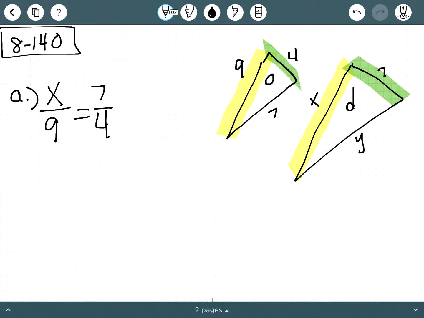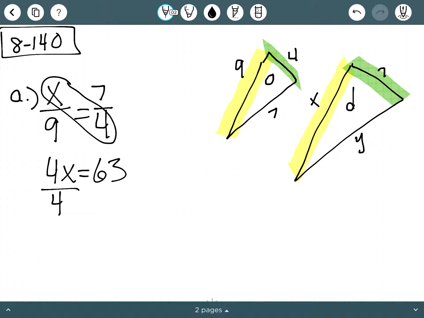Now I've got a nice proportion set up and I just need to cross multiply to find my length of x. So I would have 4 times x, which gives me 4x, and that equals 9 times 7, which gives me 63. To get that x by itself, I need to divide by 4.